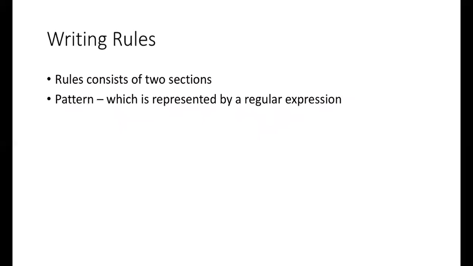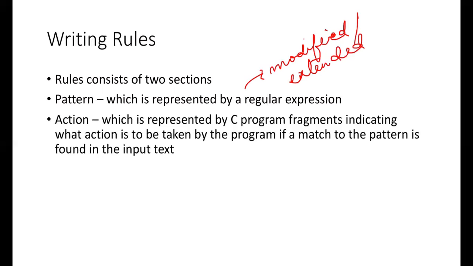First of all, we have the pattern, which is represented by a regular expression, but here, let me add, modified or extended regular expressions. Then this is followed by the action part. So you have patterns and action.